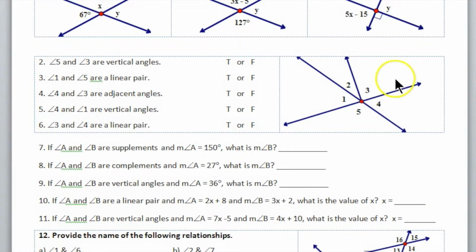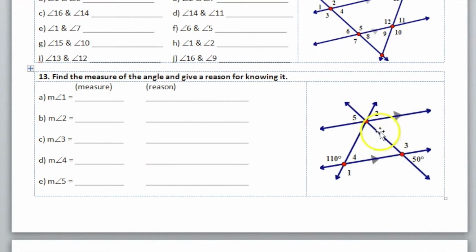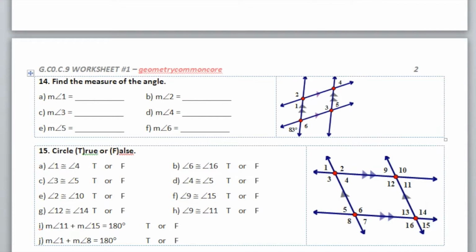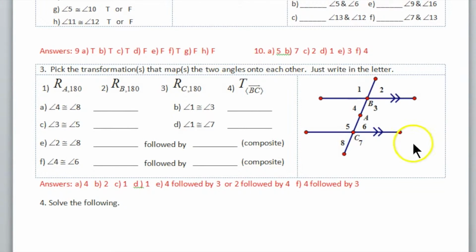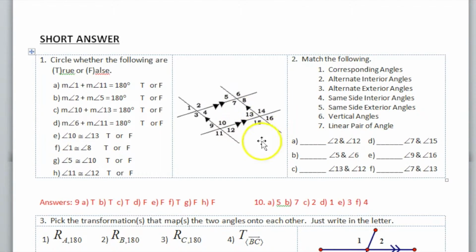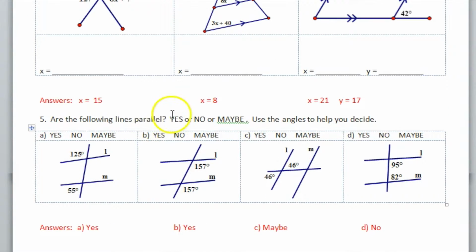We then look at lots of types of problems that deal with alternate interiors, explaining why they're equal, getting used to the terminology, the names of the relationships. We get into some assessment items where we're talking about relationships between parallel lines and alternate interiors. Here we're asking a very similar kind of question that says, what do you need to know to say they are parallel?